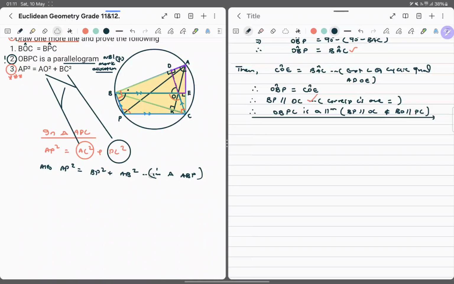Maybe let's state clearly that this is Pythagoras in triangle ABP. Right, so same story. Could this go there or there? Or could this go there or there?